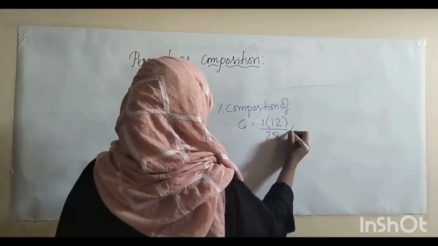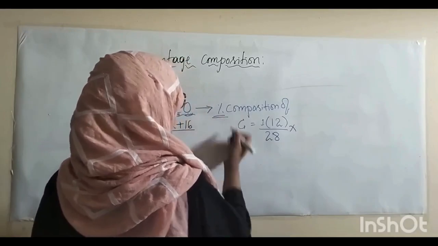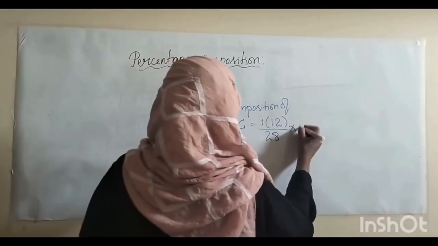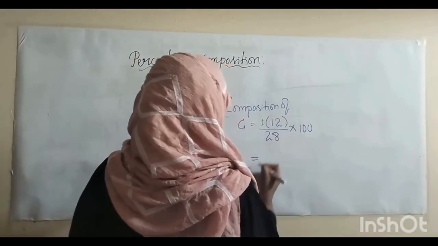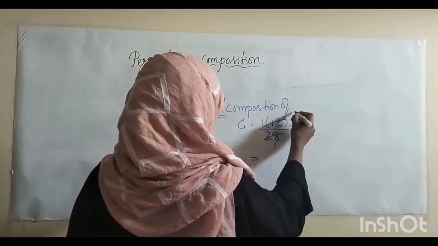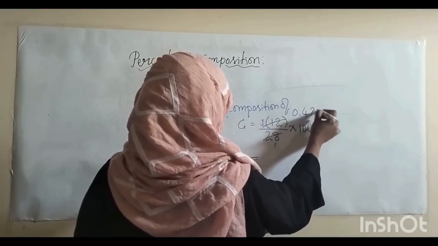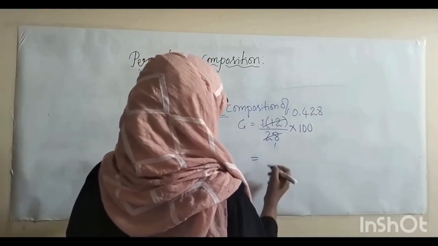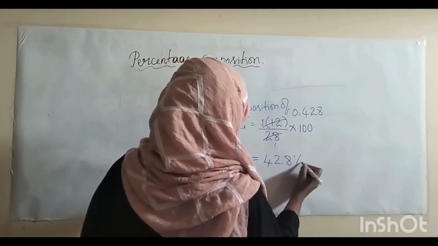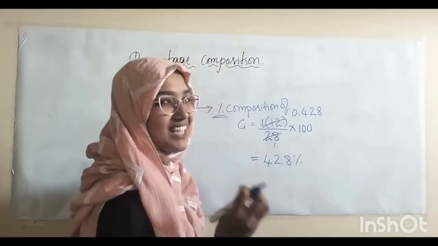Exactly, correct. Into, because we are checking for percentage, percent. Cent means 100. So that is 100, and we will get it up to 0.428. Okay. So this gives 42.8%, not 50. Little less than 50.